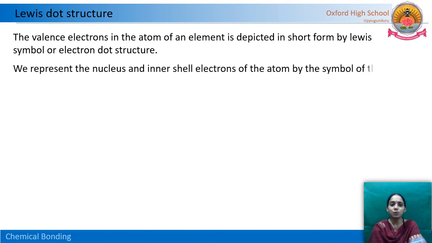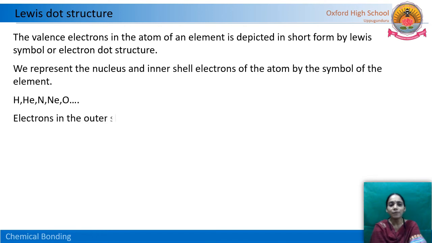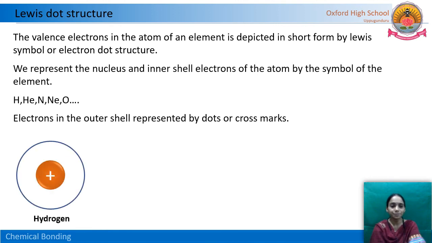We represent the nucleus and inner shell electrons of the atom by the symbol of the element. This is nothing but the nucleus of the atom. It is represented with the capital letters of that particular atom, like hydrogen means H, helium means He, and the number of electrons in the outer shell is represented by dots or cross marks upon that. See here.